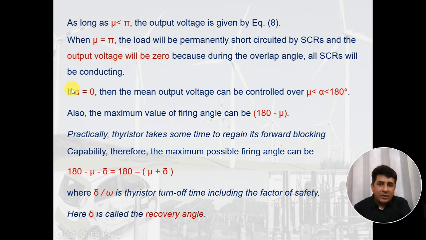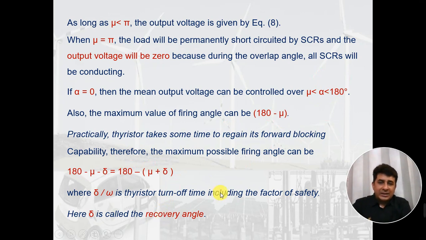That means if alpha equals 0 but mu exists, after this mu only you are going to get the voltage. So for the minimum value of alpha, the minimum value of alpha can be equal to mu. Any converter having source inductance will be fired from mu to 180 degrees, that means the firing range will be 180 minus mu.